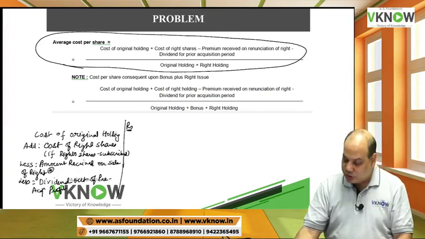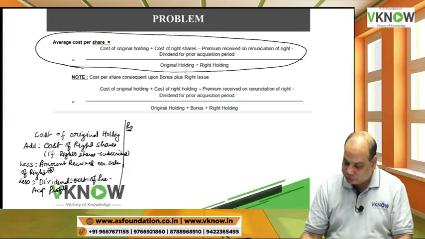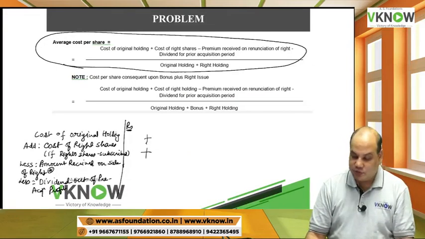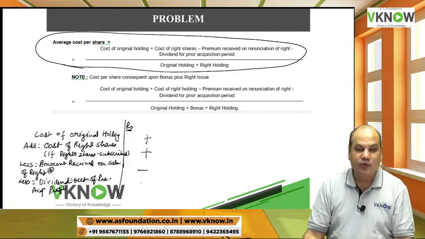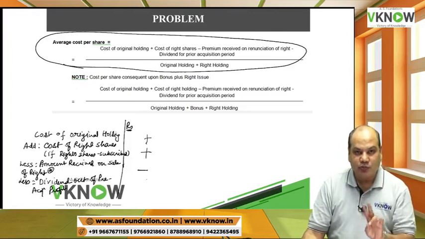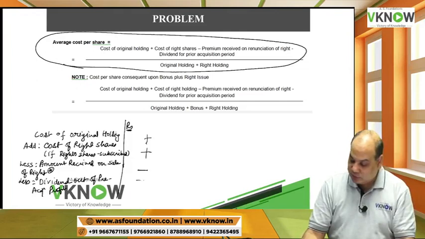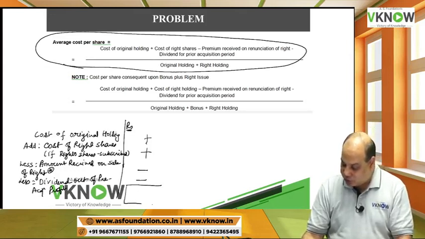Cost of the investment will increase when right shares are purchased. Cost of investment will decrease when rights are sold, but subject to two conditions. Cost of investment will decrease when dividend is received out of pre-acquisition profit. So this will give you net cost.